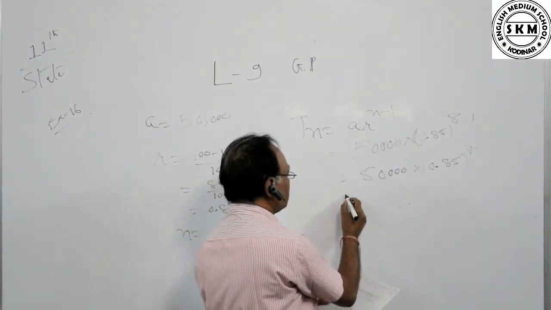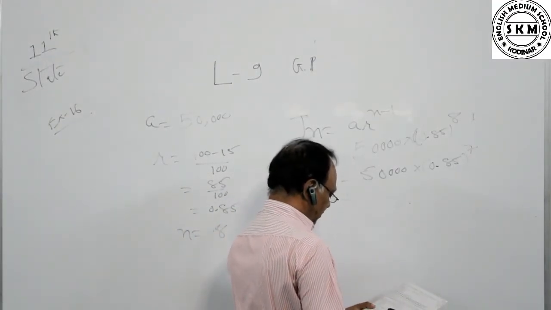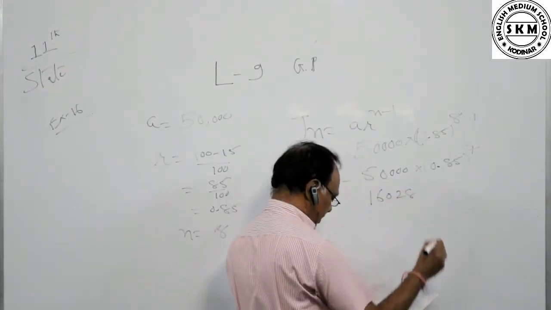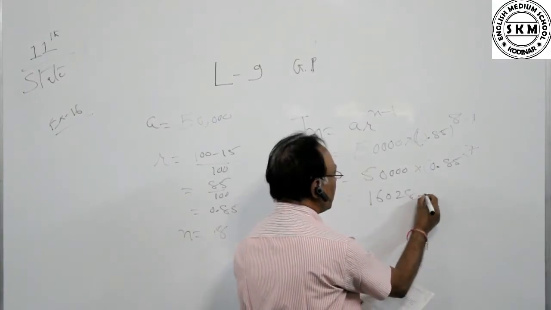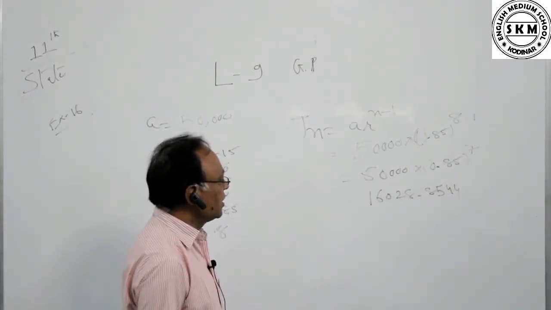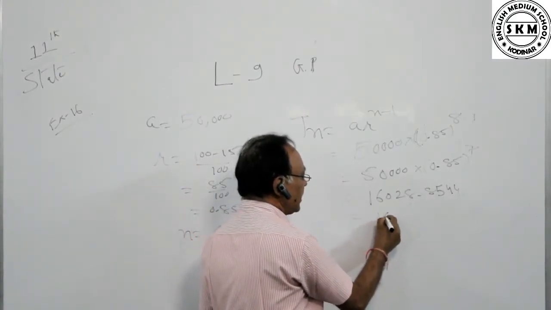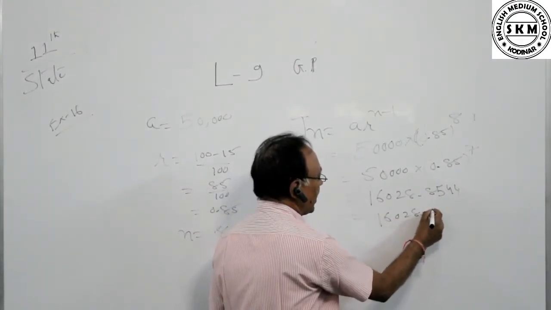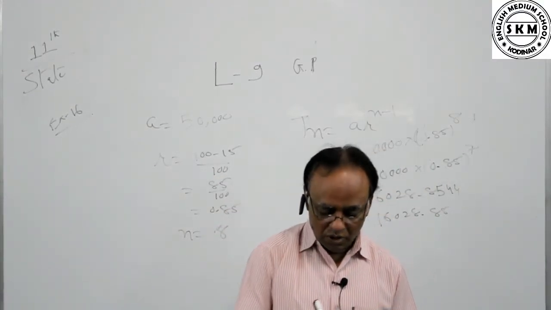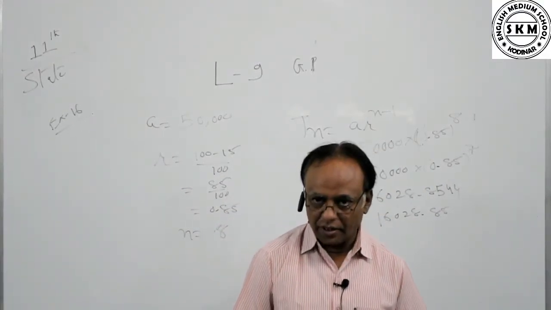It is 16028.8544, which is approximately 16028.85 up to 2 decimal places.